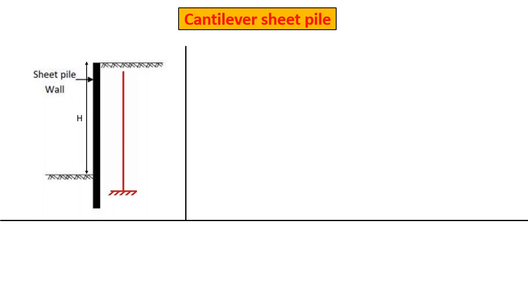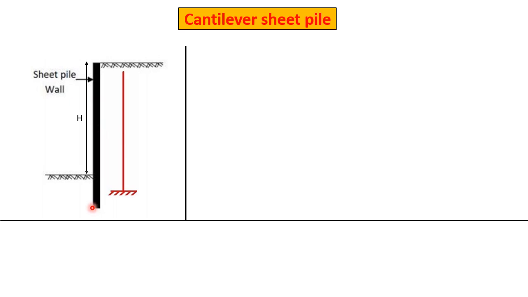So a cantilever sheet pile means that it's not anchored, and the term flexible means that it doesn't have a very thick cross section. Actually it's not made of concrete, or reinforced concrete, it's made of steel.